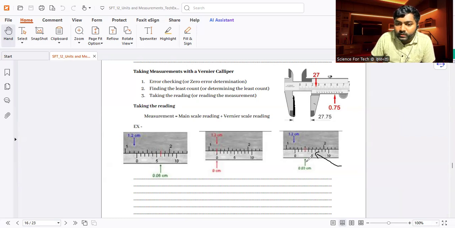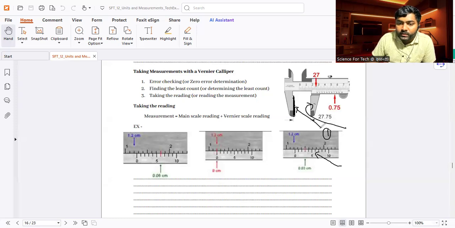Automatically, this vernier scale is placed on the right side of the main scale zero. Understood? That is the very first reason. Understood or not? Understood, sir. Okay.